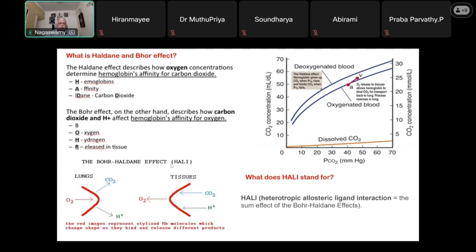So metabolic acidosis will be caused by the Bohr effect. Respiratory acidosis will be caused by the Haldane effect. So only when they both function normally, you will have a normal pH maintained by adequate oxygen delivery to the tissues and proper elimination of CO2. So that is the ultimate reason why you have to know about these two effects.